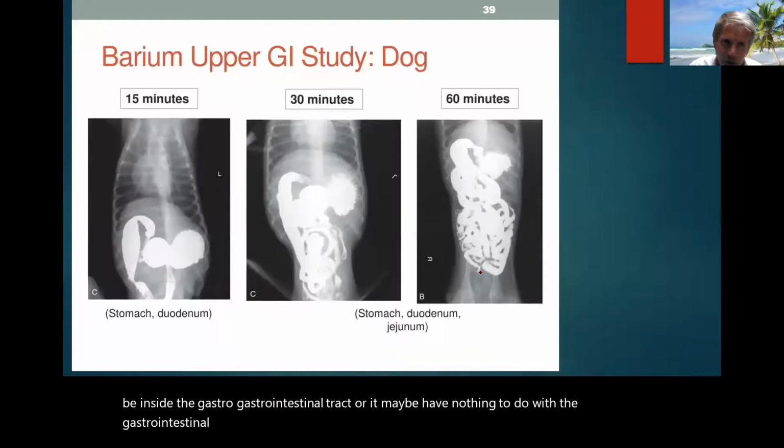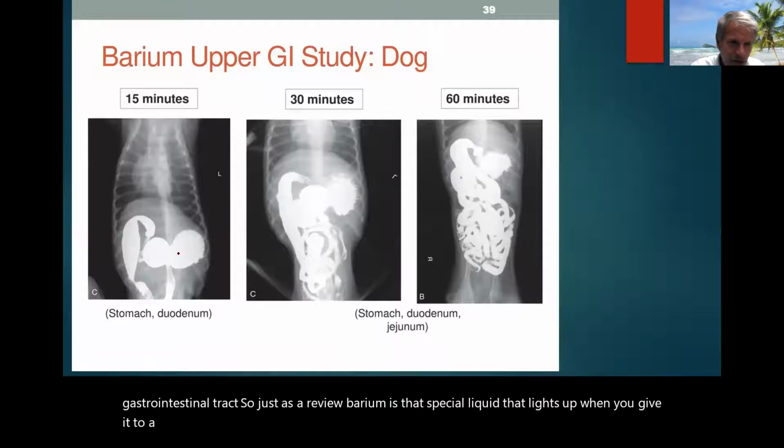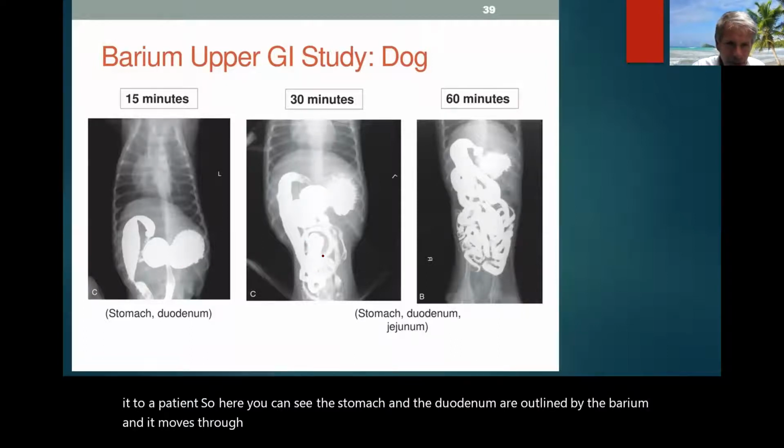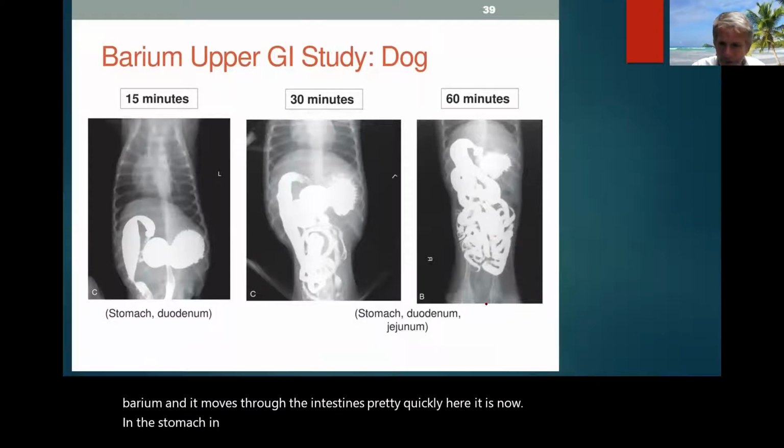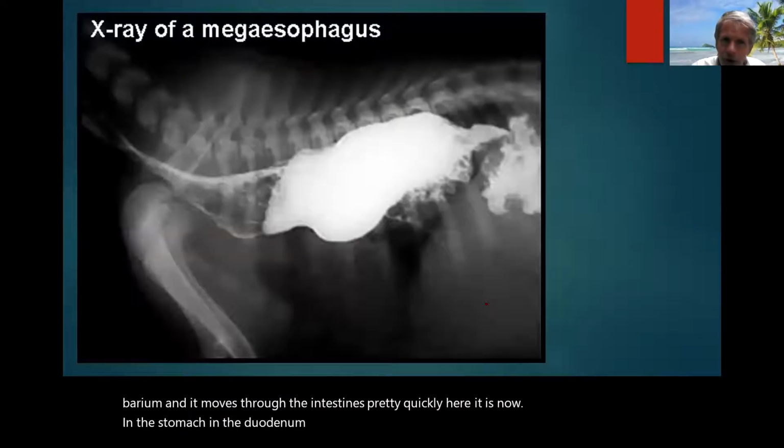So just as a review, barium is that special liquid that lights up when you give it to a patient. Here you can see the stomach and the duodenum are outlined by the barium, and it moves through the intestines pretty quickly. Here it is now in the stomach and the duodenum and jejunum. What is wrong with this patient? Well, this is megaesophagus.